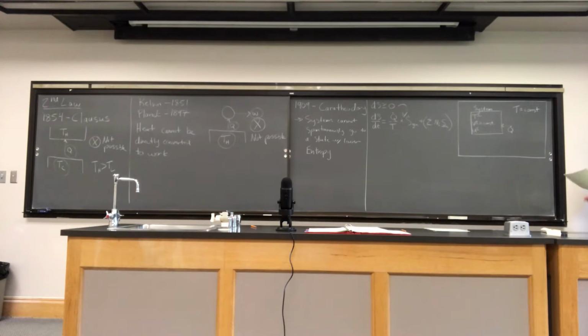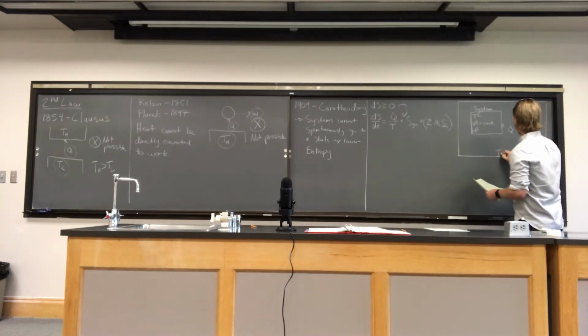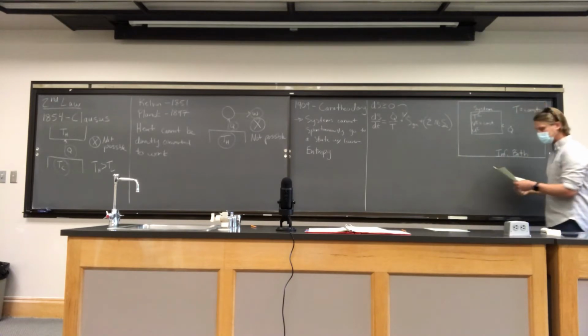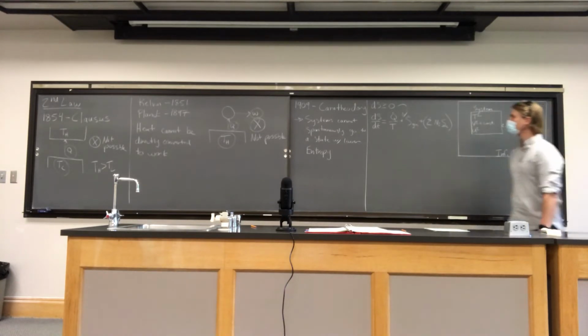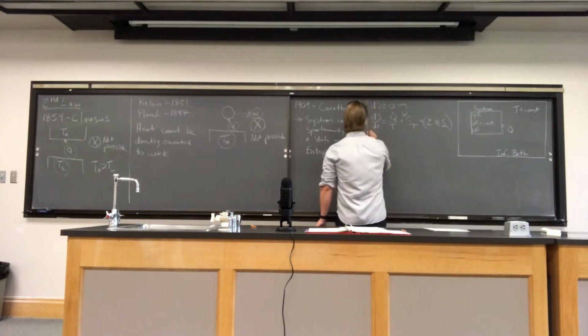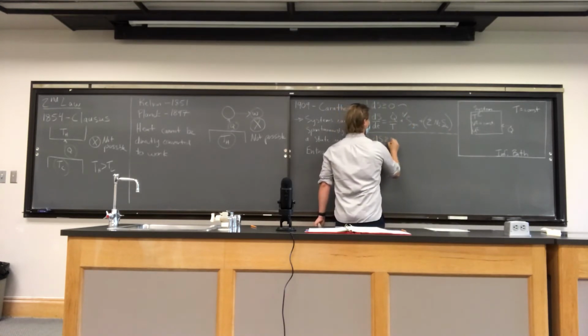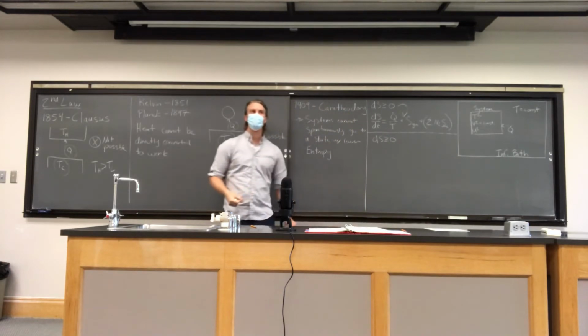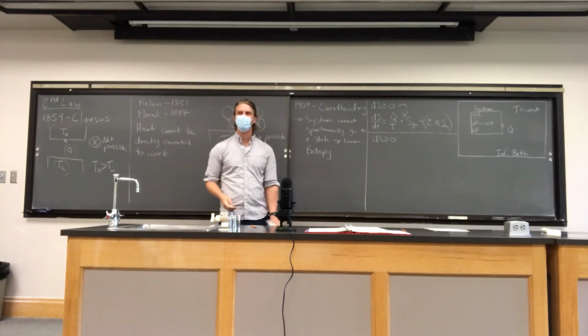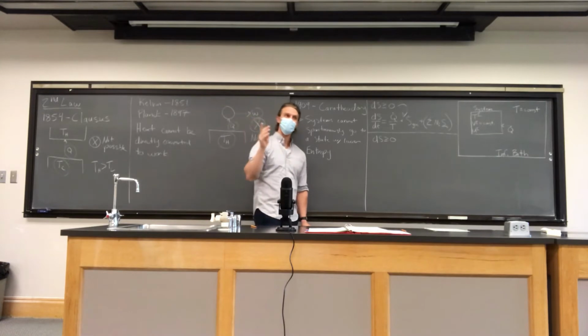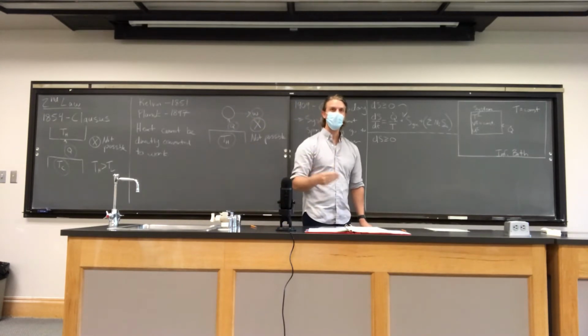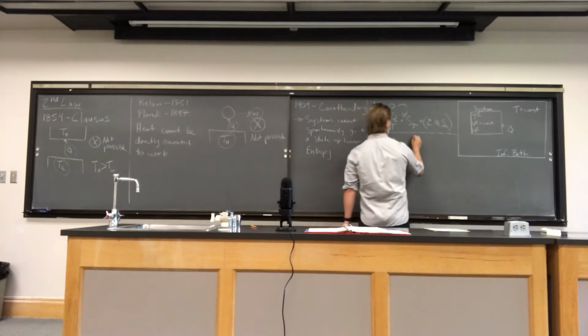So this bath is infinite. Infinite bath. Okay, so how are we going to derive this? We are going to start off with our second law of thermodynamics. Property number one of entropy that must be considered to progress is that it is extensive.